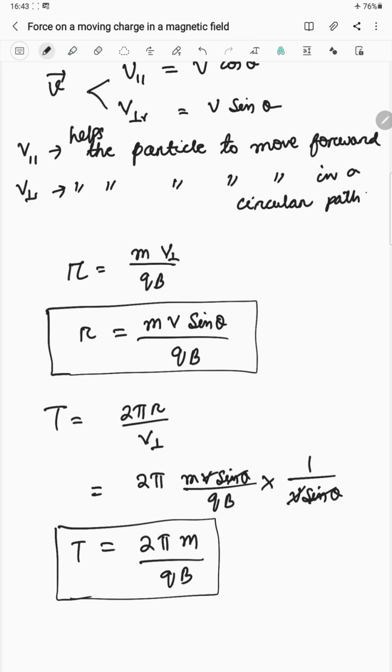Then the last important thing, we need to calculate what is the pitch.